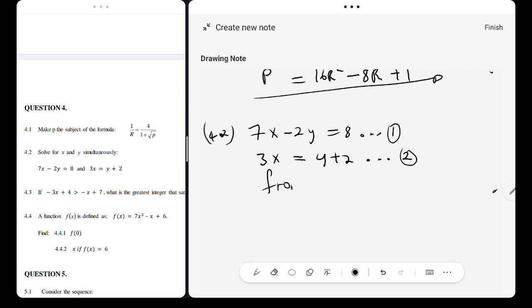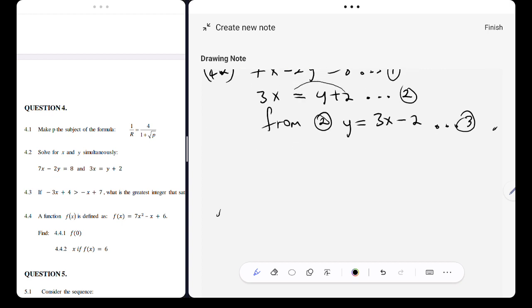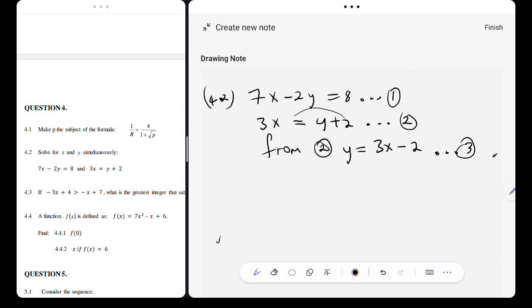I can say that from equation 2, y is equal to 3x minus 2. Just take this guy to the other side. By doing that, I'm forming equation number 3. Then I just need to substitute equation 3 in equation 1.